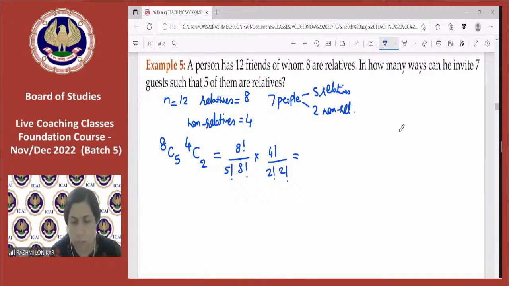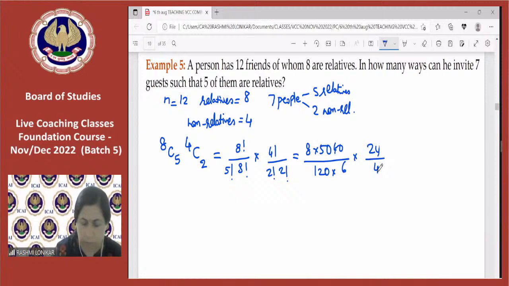So this is how much? 8 into 5040 upon 120 into 6 into 24 upon 4. So let us see.